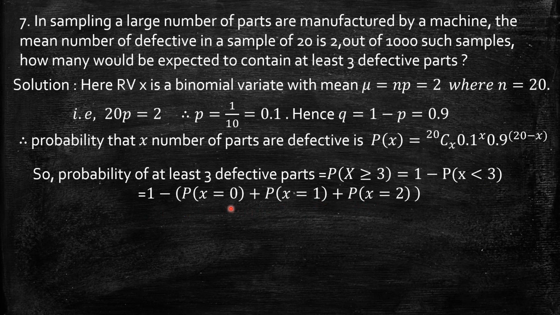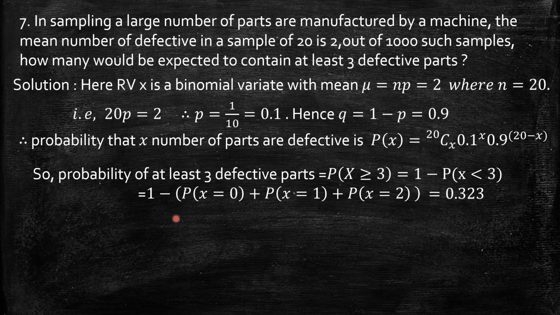Here each I can get by using this probability function already defined over here, 20Cx, 0.1 power x, 0.9 power 20 minus x, substituting x equal to 0, 1, 2 and simplifying. Which simplifies to 0.323.